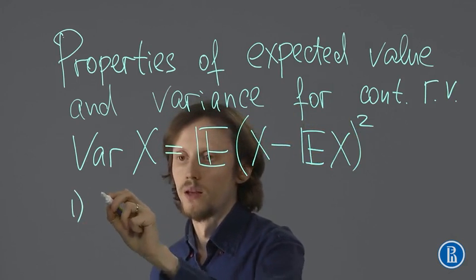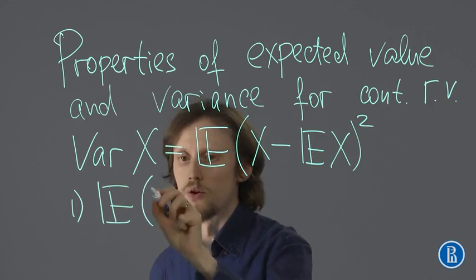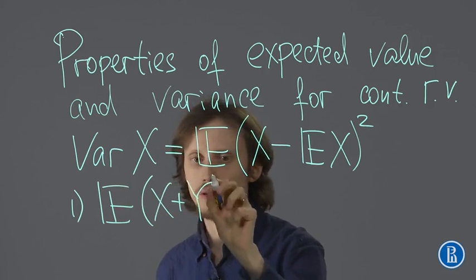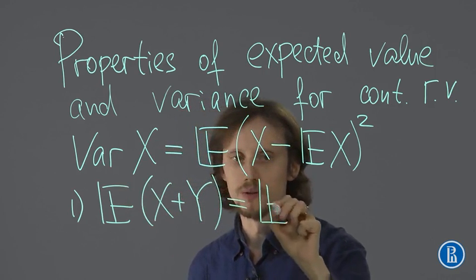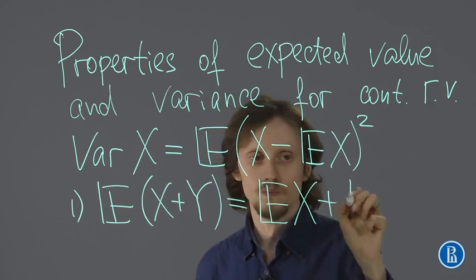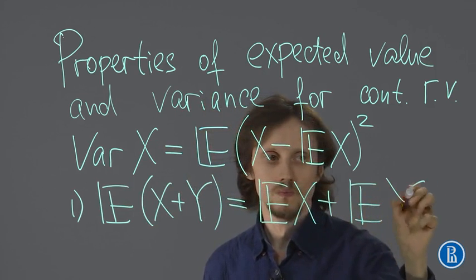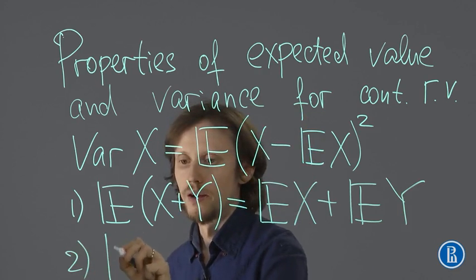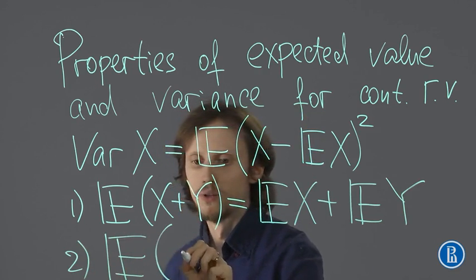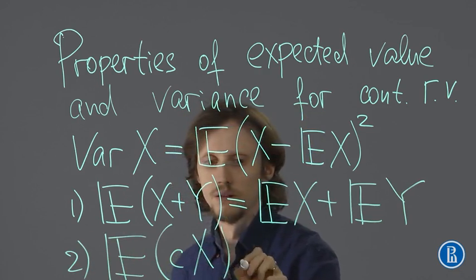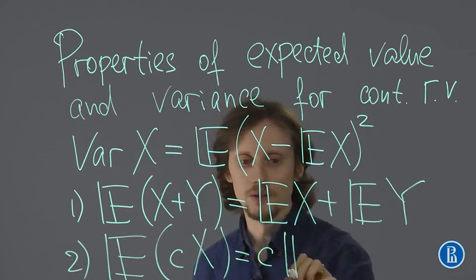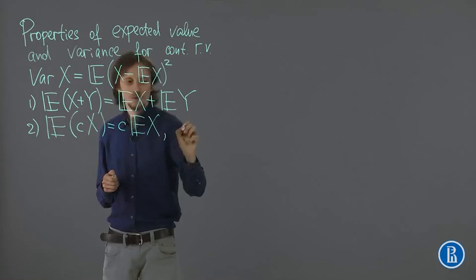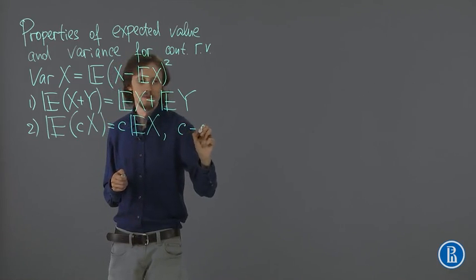Now let us discuss a little bit the properties of expected value and variance. First, expected value of sum of two random variables is sum of expected values. Second, expected value of Cx is equal to C times expected value of x, where C is a constant.